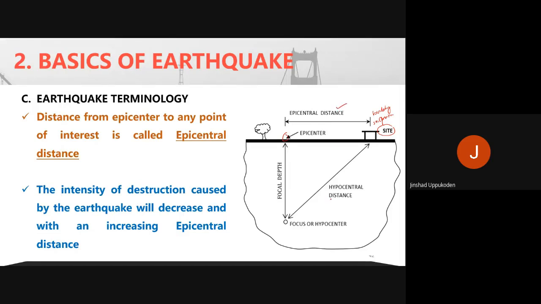The distance between the focus and our point of interest is called hypocentral distance. As the distance increases, the farther our location is from the focus or from the epicenter, the less is the damage, because by that time the seismic waves will almost die down.